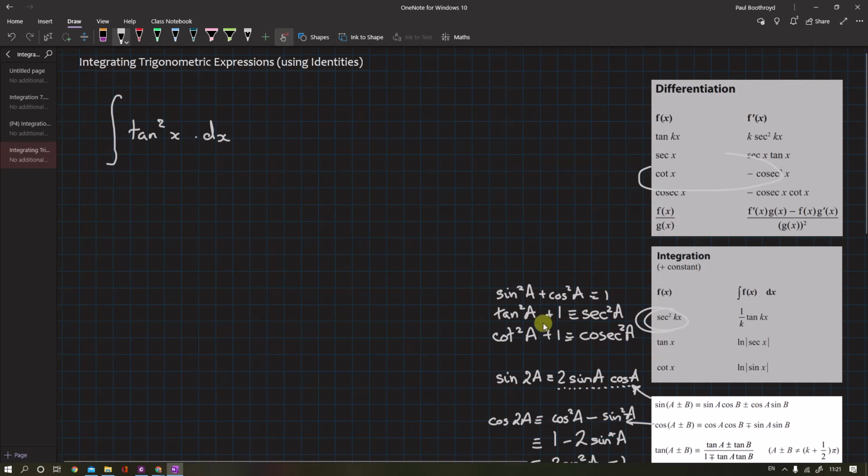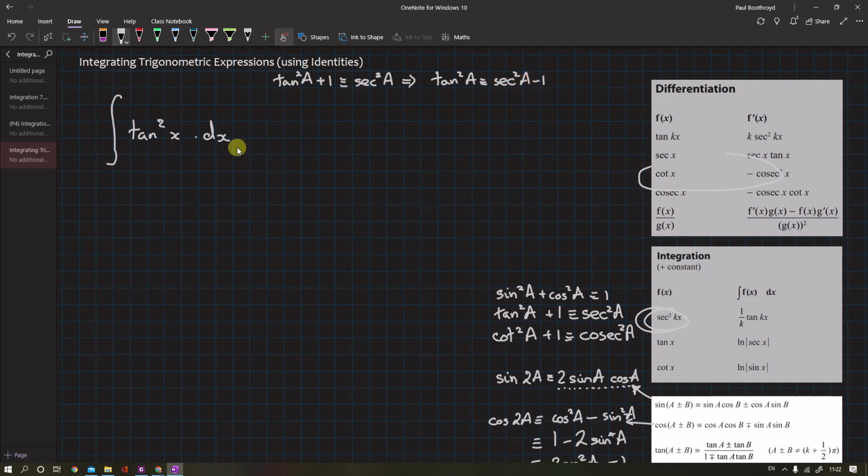Tan squared a, we're going to start off with substitution for tan squared, and tan squared is sec squared minus 1. So it's not a direct translation, but we're going to use that and change that: tan squared a is sec squared a minus 1. That becomes our integral now.